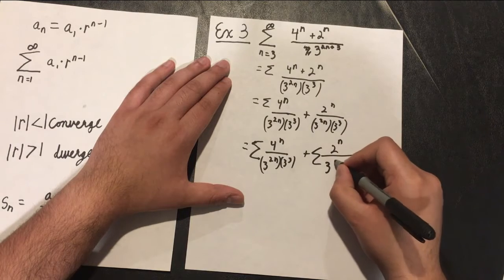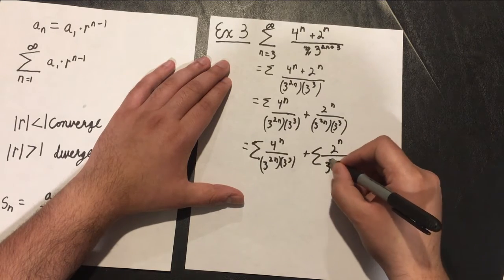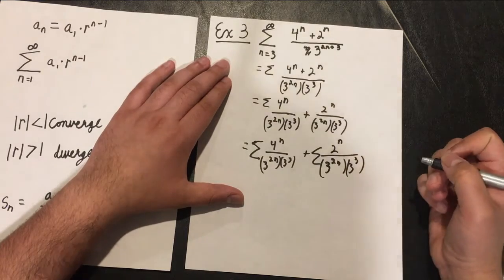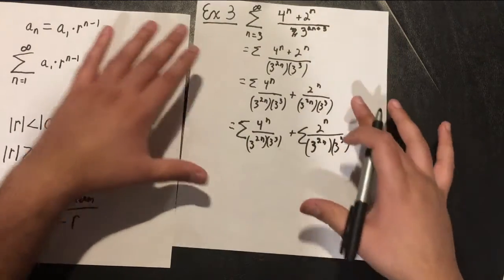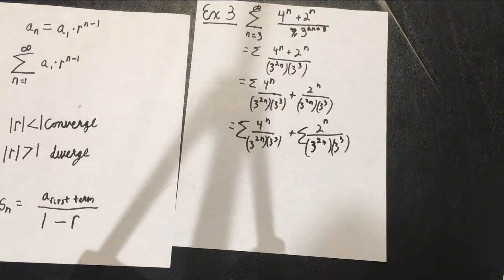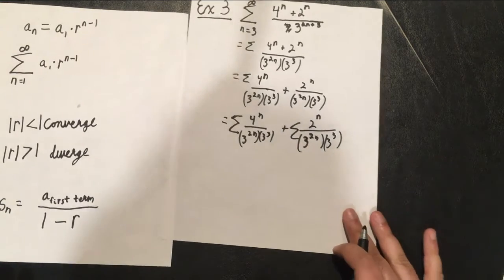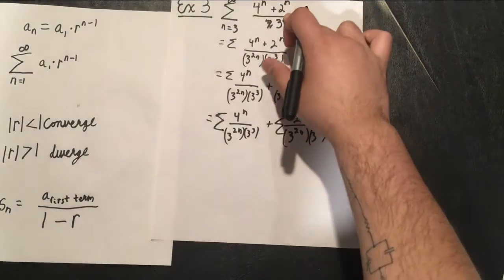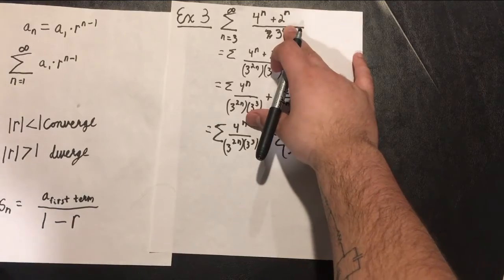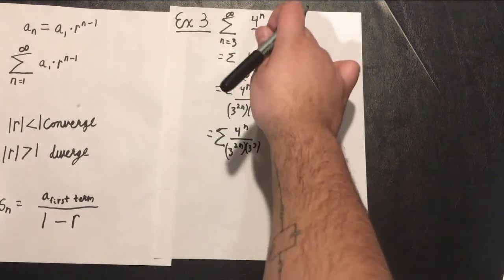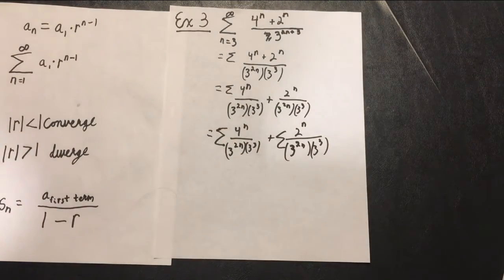Same rules apply, almost. Now, from here, we're going to check each one of them and see whether they converge or diverge. If either one of them diverges, then this whole thing from the beginning will diverge. If both of them converge, the entire original series converges.